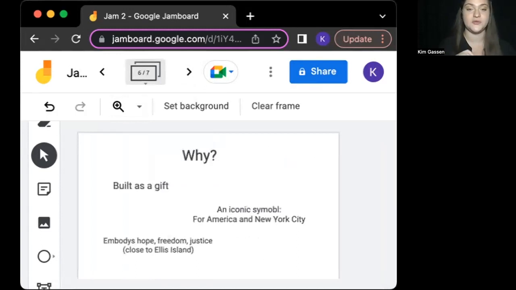Now I'm going to answer why. And why was it built? It was built by France as a gift for the United States of America. And now it's a really important symbol of America. The Statue of Liberty is recognized as an important part of the city of New York and of the United States of America.